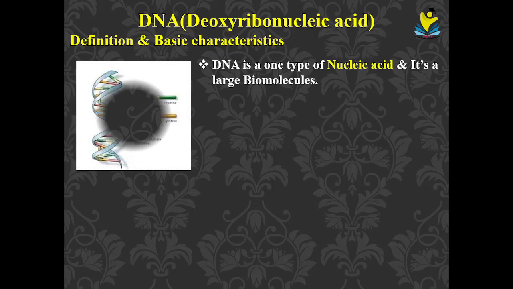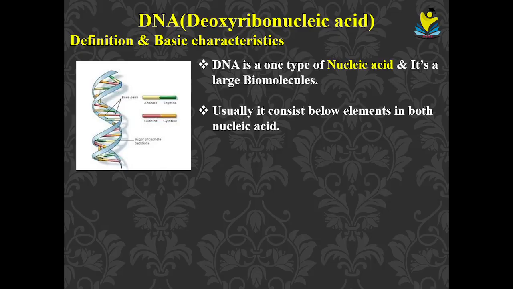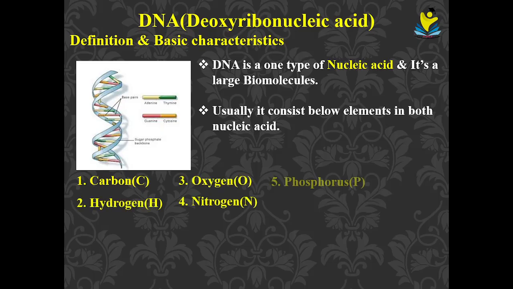Usually, it consists of the following elements. On the slide, you can see a picture of the structure of DNA. DNA contains the elements carbon, hydrogen, oxygen, nitrogen, and phosphorus.